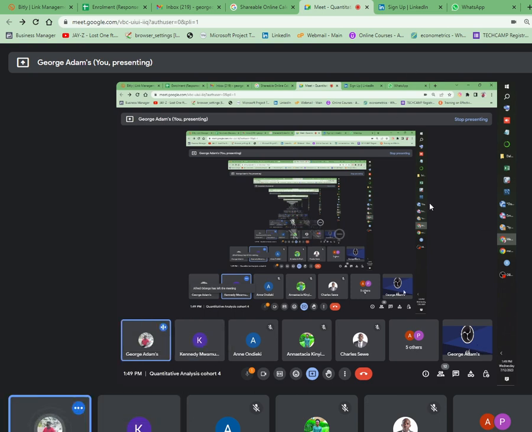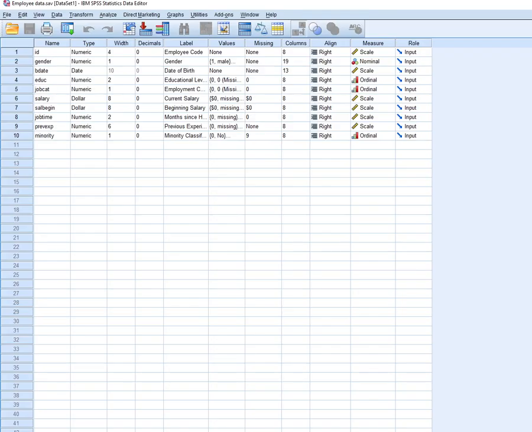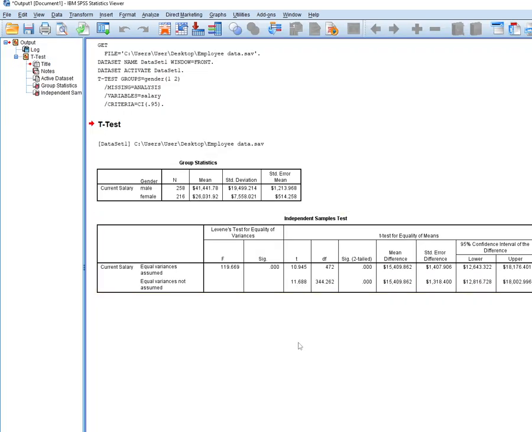And if you're rejecting the null hypothesis, then it means we're saying the mean difference between these two groups is not the same as 0. That means there is a difference.